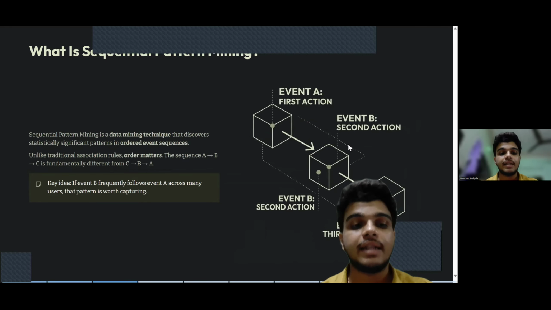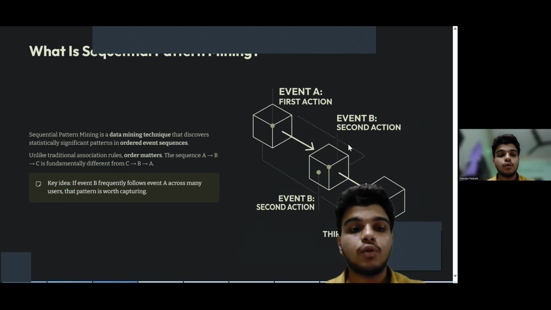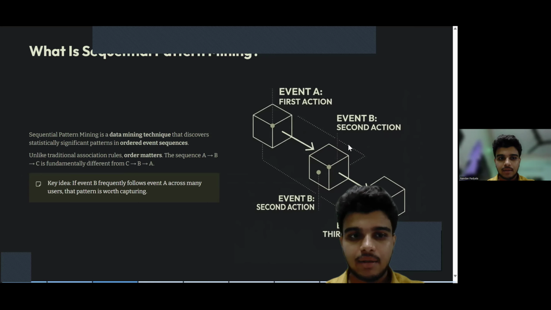So sequential pattern mining is a data mining technique used to discover frequent sequences of events in a data set. The key idea here is that the sequence or the order matters. For example, consider two sequences here, A to B to C, and C to B to A. Even though they contain the same elements, they represent completely different patterns.